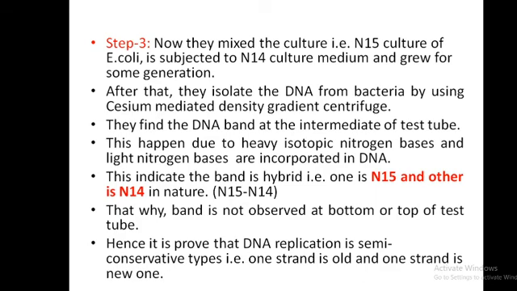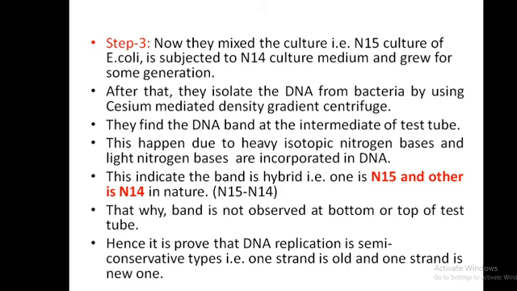Step number 3: now they mix the culture, that is, the N15 culture of E. coli is subjected to N14 culture medium and grown for some generations. After that, they isolate the DNA from the bacteria using cesium chloride density gradient centrifugation.